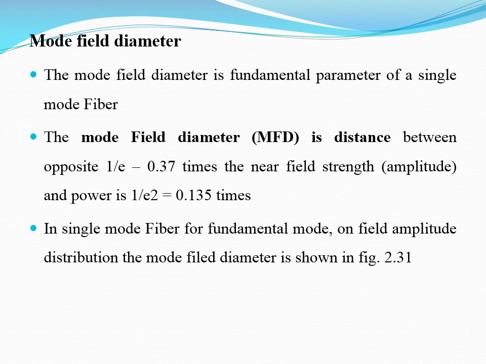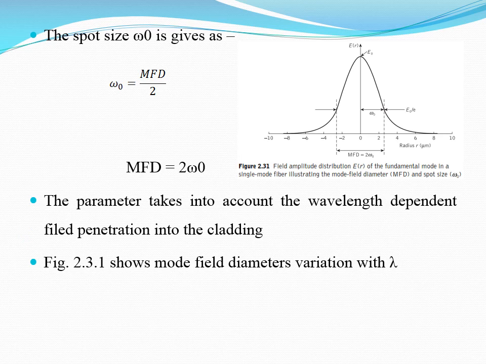So we can see that in a single mode fiber, for a fundamental mode on the field amplitude distribution, the mode field diameter can be observed. Here we can see this is MFD. MFD is 2 omega naught. So this is one omega naught and this is another omega naught.